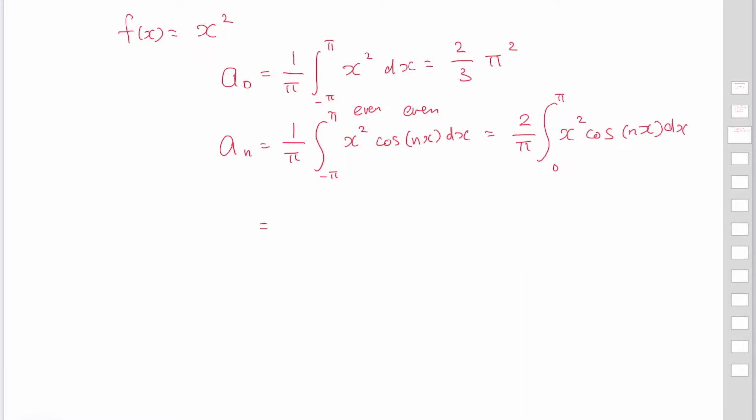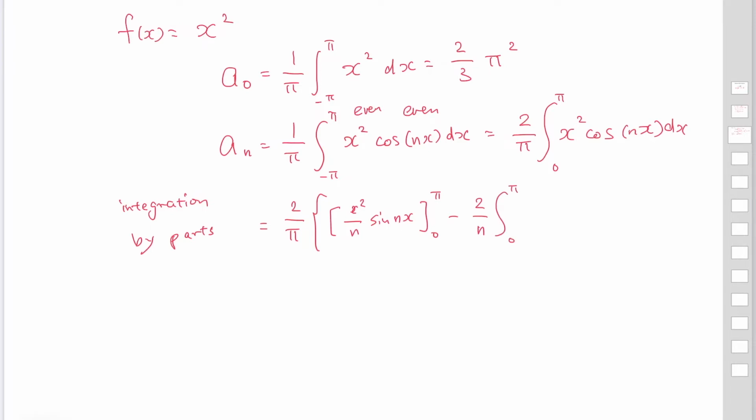Then integration by parts. We get 2 over pi times x squared over n sine nx from 0 to pi, minus 2 over n, integral from 0 to pi of x sine nx dx.